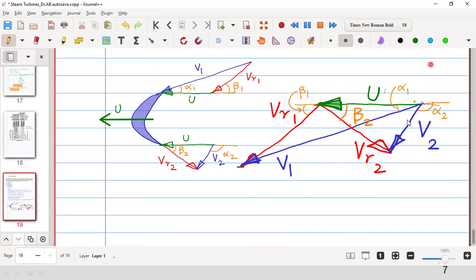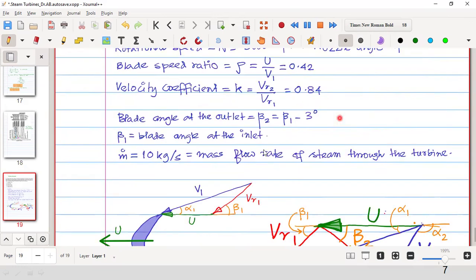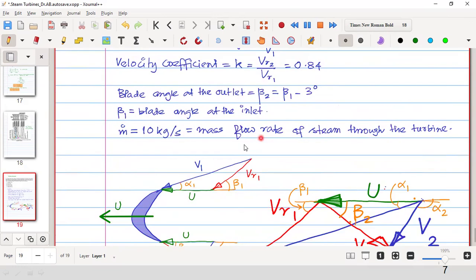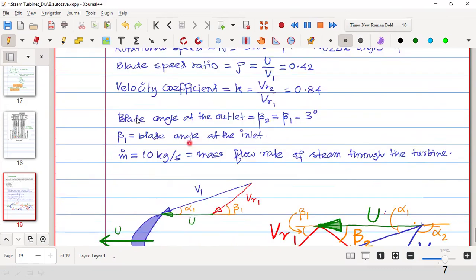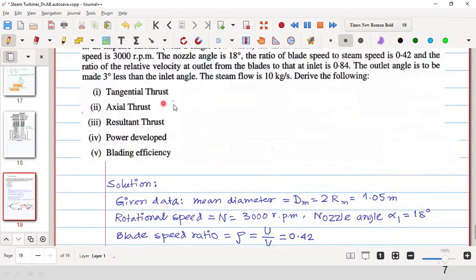From this relation, what is the actual thrust? Tangential thrust. What is that? Tangential thrust means basically the tangential component of the force given by the steam. So that is related to what?